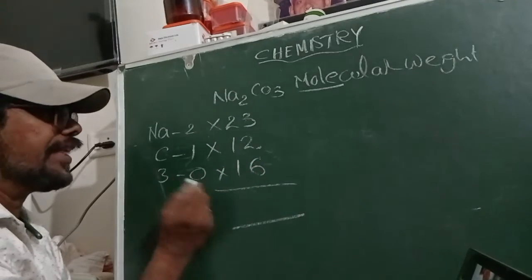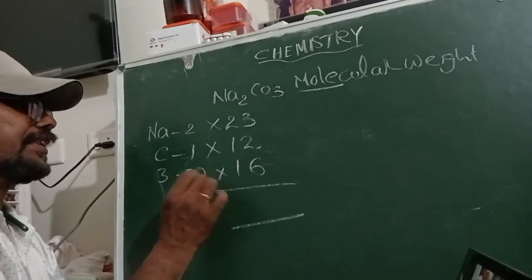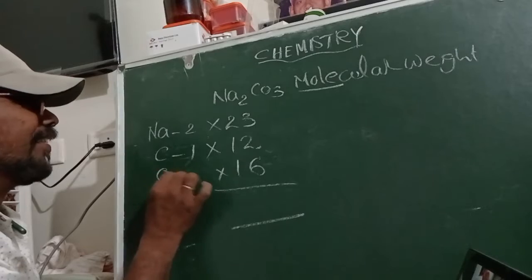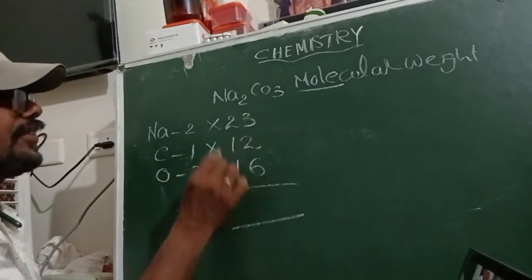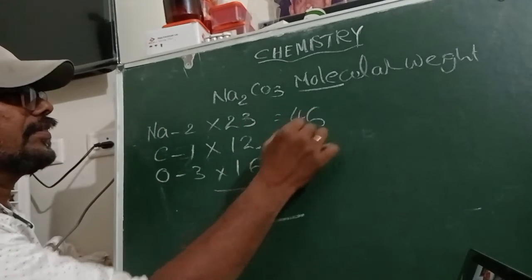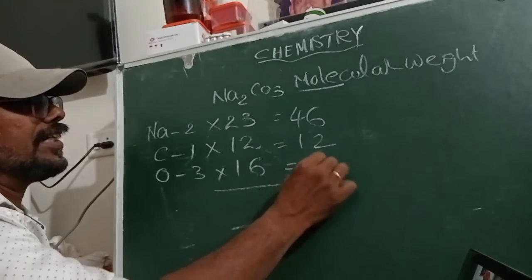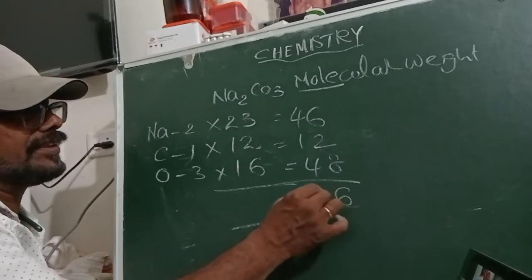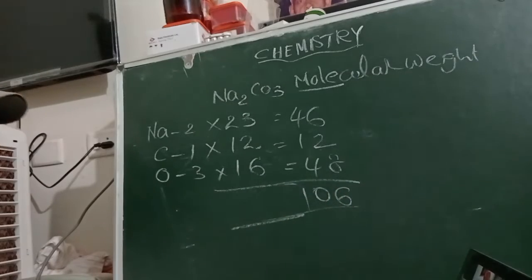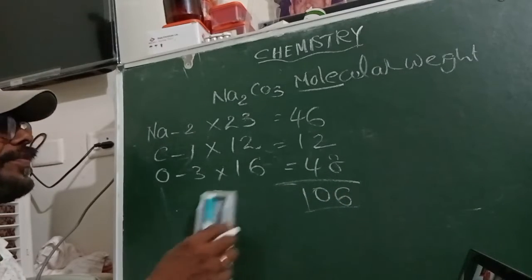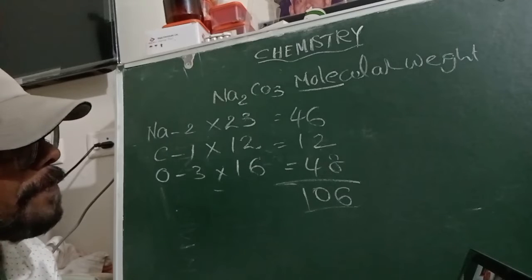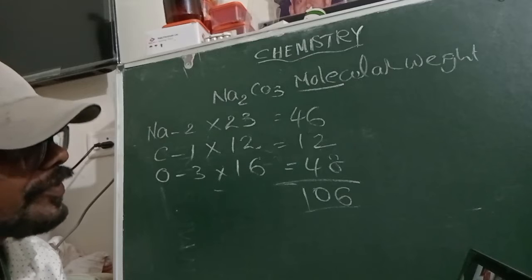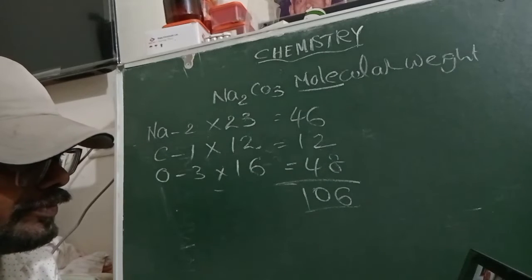Totally you get 46, 12 and 48, total of 106. So the molecular weight of sodium carbonate is 106 grams. Okay, understand? Observe.